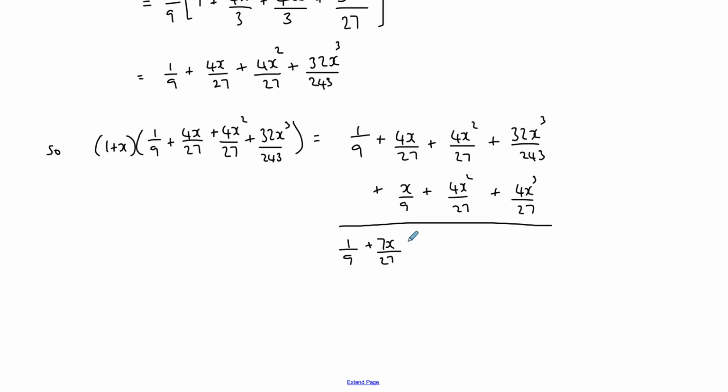Four over 27, add a 9th is 7 over 27. 4x squared over 27, add 4x squared over 27 is going to be 8x squared over 27. And I am not going to attempt to add the last term without my calculator. 32 over 243, add 4 over 27 is 68 over 243.